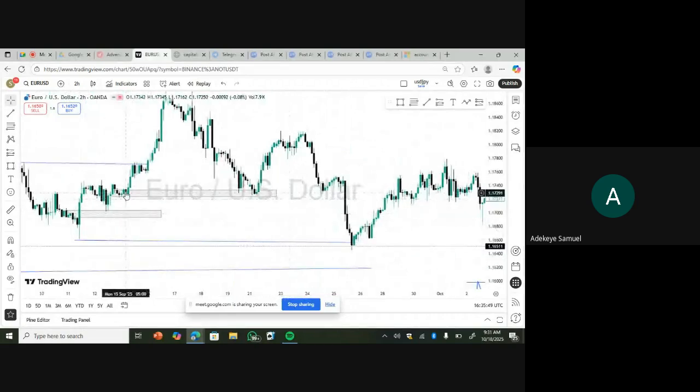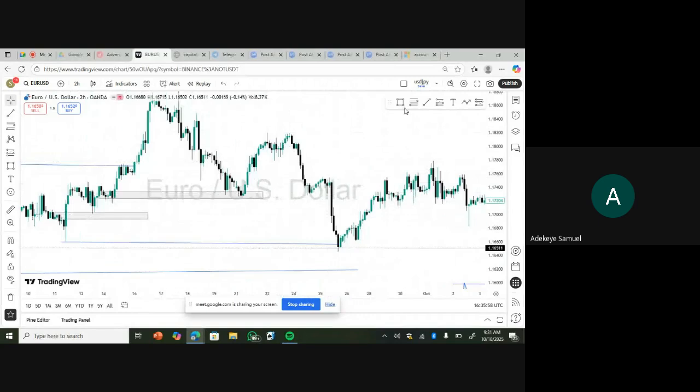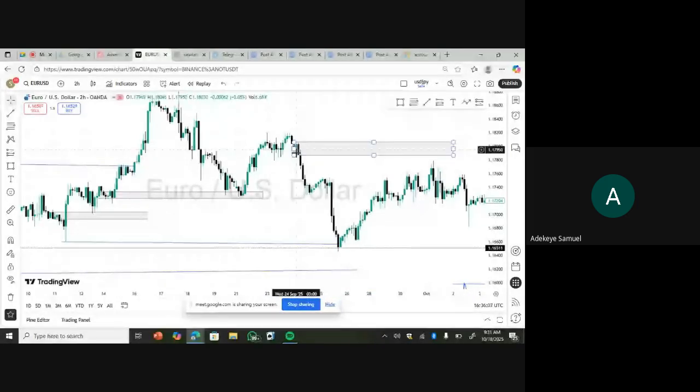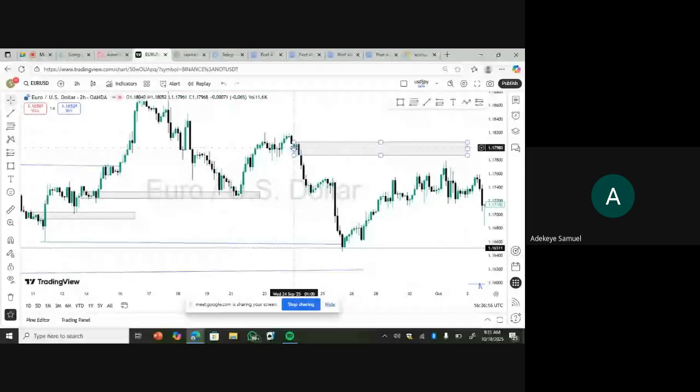This is an example of bullish order blocks. Now this is an example of bearish order blocks. This is it here. This is where the sellers step in.